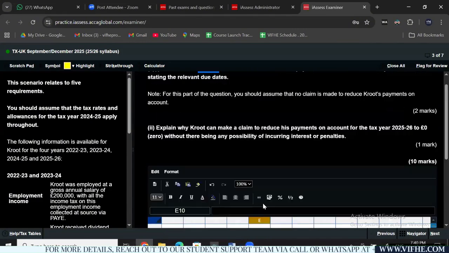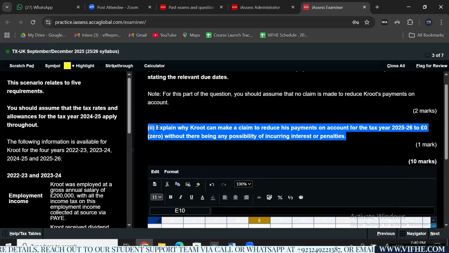And then there is another requirement. Explain why Accrued can make a claim to reduce his payments on account for the tax year 25-26 to zero without there being any responsibility of incurring interest or penalties. You will have to explain this, and one valid point is sufficient. Can anyone make a claim to reduce their payments on account to zero?